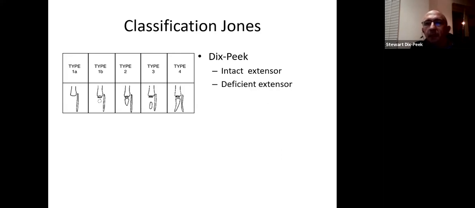Whereas if you've got an entirely deficient extensor mechanism, then you have an unstable knee. And there are those people who would, Jones, transfer the fibula into the notch, but you run the risk then of having an unstable knee mechanism. You need to bear that in mind. And I think most authors at this stage would be saying, go for a through-knee amputation, just make things simpler. So to me, that's the crux of what you're dealing with.